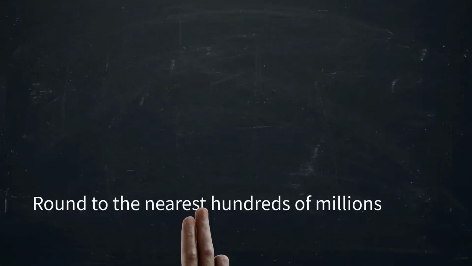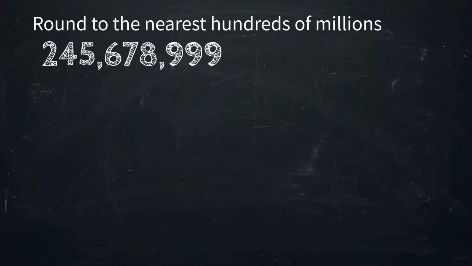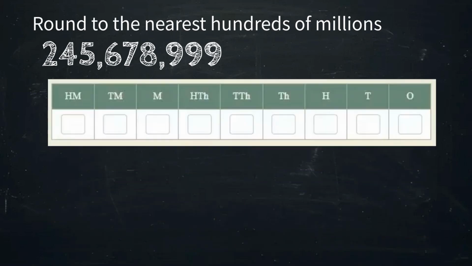Grade 7, you should at least know how to round off up to the nearest hundreds of millions. Now, in this example, let's look at our digits. Our number is 245,678,999. Now, the first step is to identify the target place value.